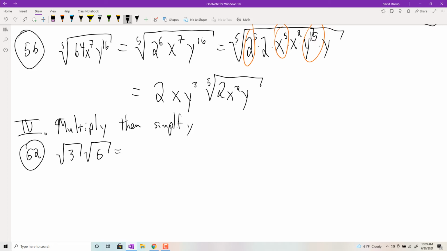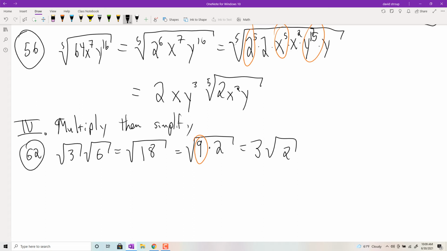Alone, neither of these are going to be factorable or in any way simplifiable, so what we do is rewrite it. 3 times 6 is 18, and then we could factor that into a perfect square, particularly 9 times 2, and then we can march out the 9, right, because 3 times 3 is 9, so we'll have 3 root 2.